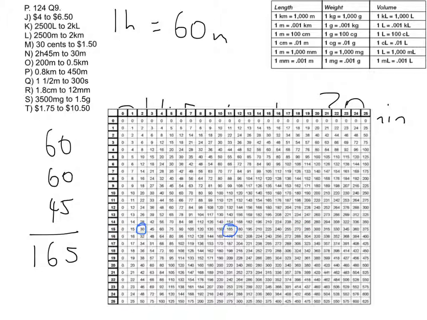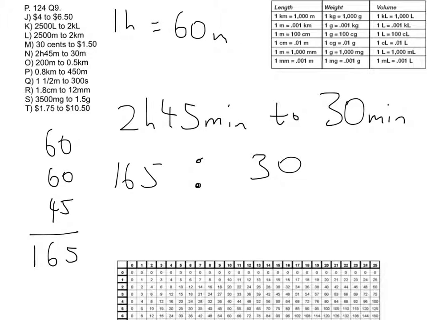15. So we know that definitely, without a doubt, the number 15 will go into both numbers. So 30 divided by 15 is 2, and 165 divided by 15 is 11. So we can write those numbers down.